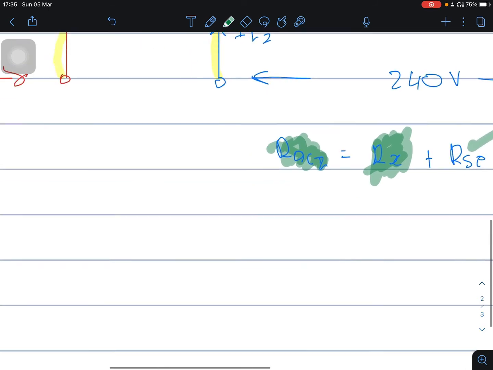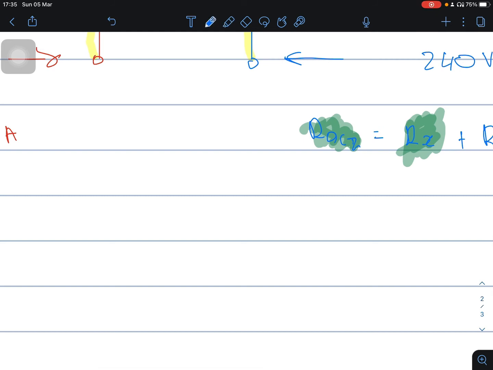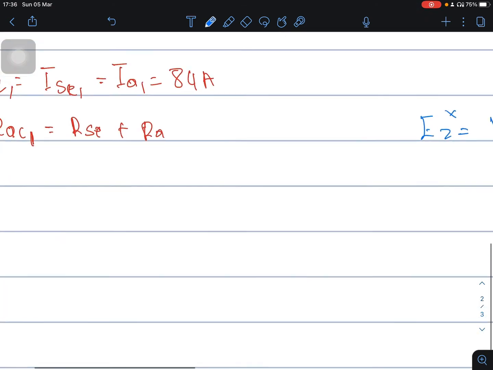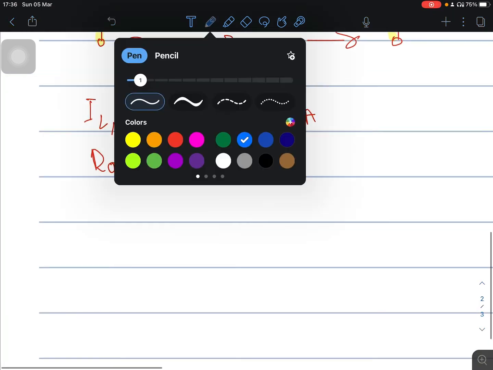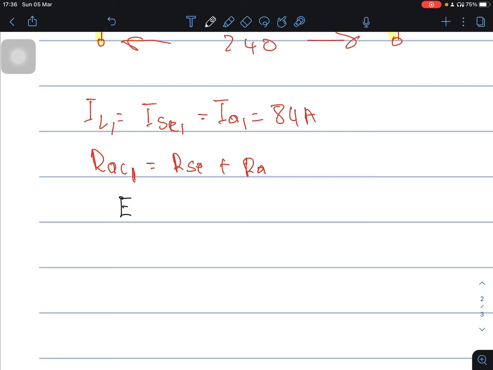But in order for us to find RAC2, we need to use this equation: V minus IA2 RAC2, of which we have this. We don't have this, so we can first find E2 using the speed equation.